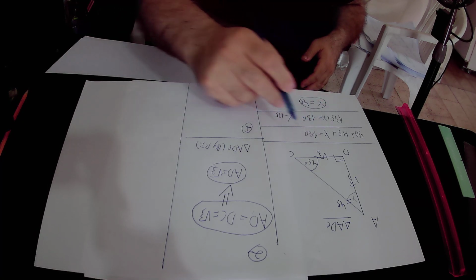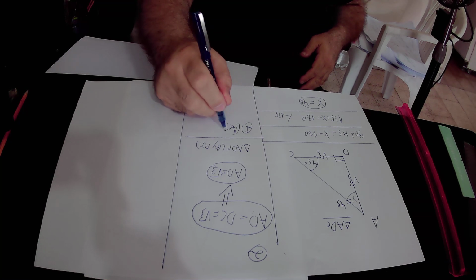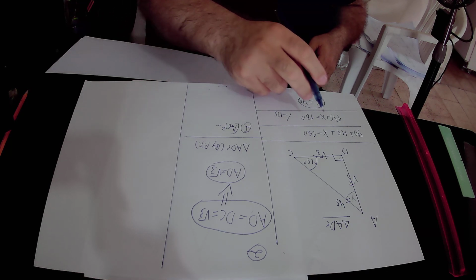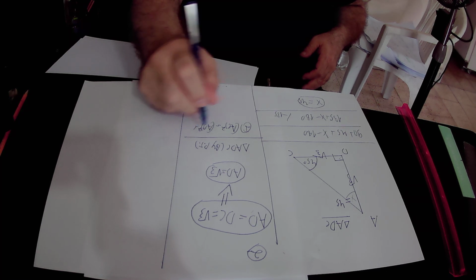The hypotenuse is AC, therefore the square of the hypotenuse is AC squared, and it must be equal to the sum of the squares of the perpendiculars. That is to say, it must be equal to AD squared plus DC squared.